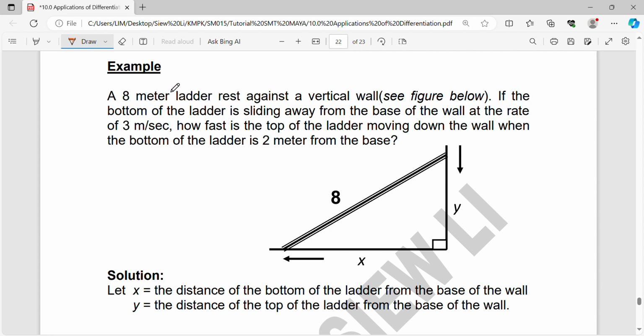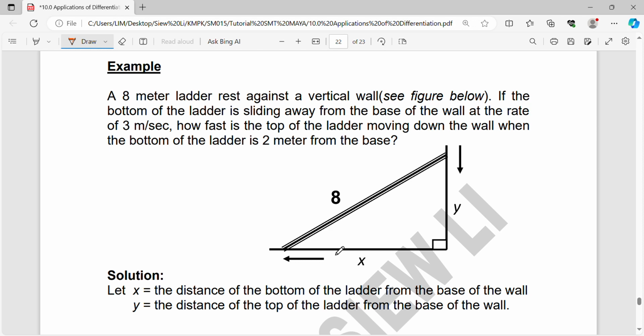So for this example, an 8-meter ladder. This ladder with the length of 8 rests against a vertical wall. See the figure. If the bottom of the ladder is sliding away, just imagine you are leaning your ladder, so your ladder is sliding.